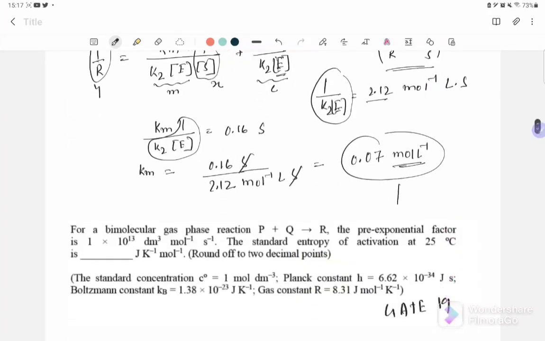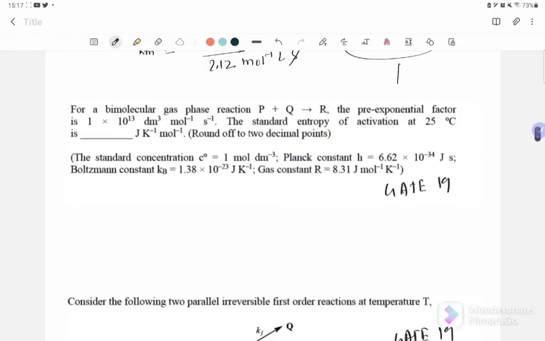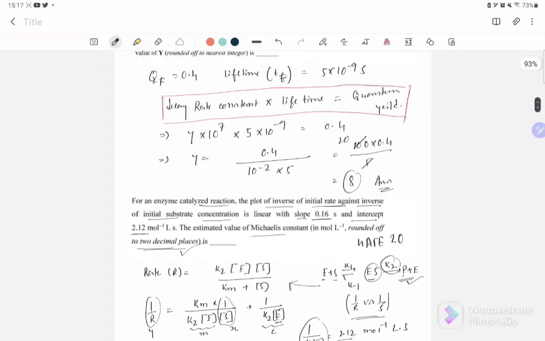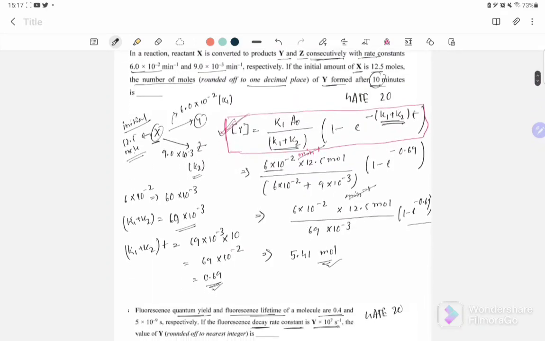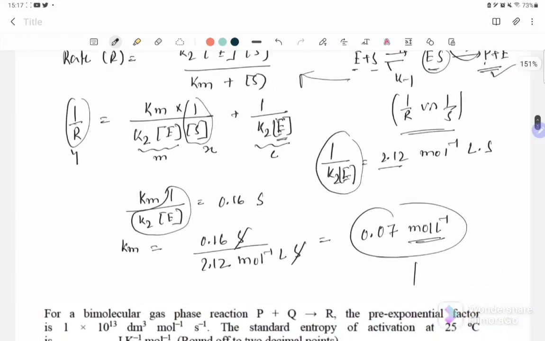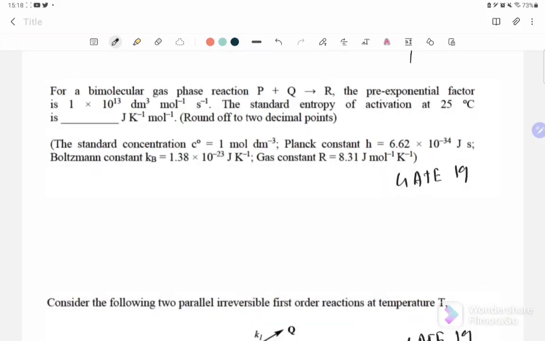So our next question came in 2019. In 2020 there were 3 questions from chemical kinetics. This question is from activated complex theory.